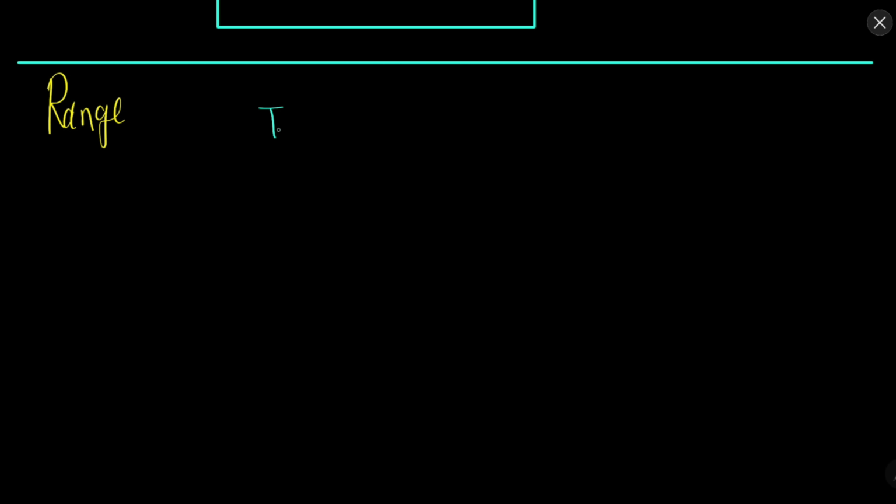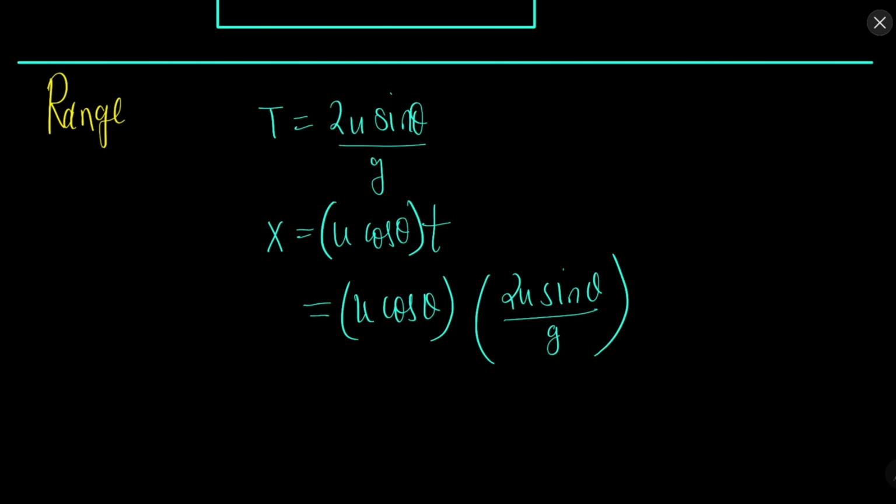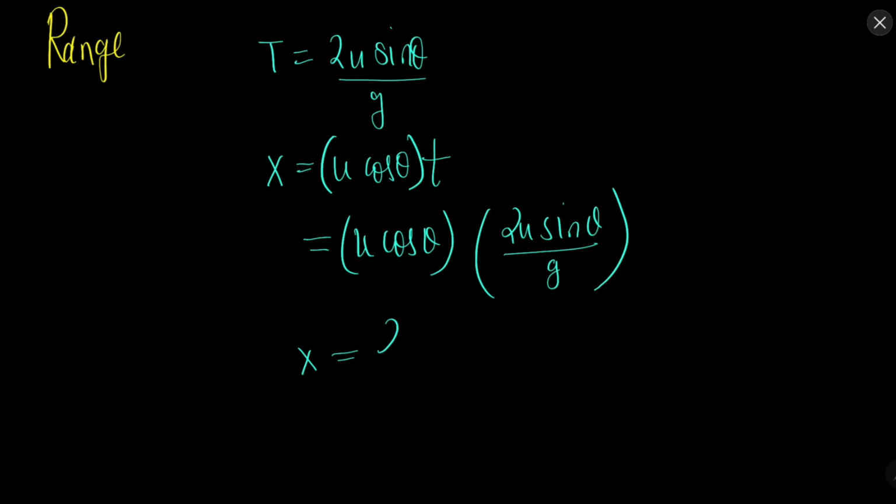We know that the time for the complete motion, the time of flight, is 2u sin theta by g, and we know that x is equal to u cos theta times t, horizontal motion. So we can put in the value of t. Ultimately x will be equal to 2u square sin theta cos theta by g.